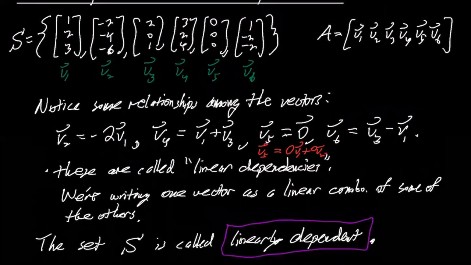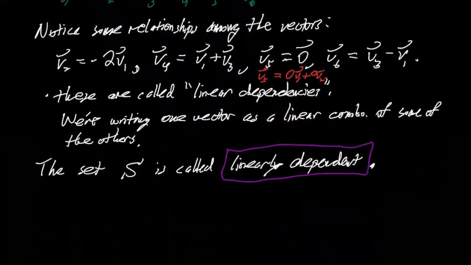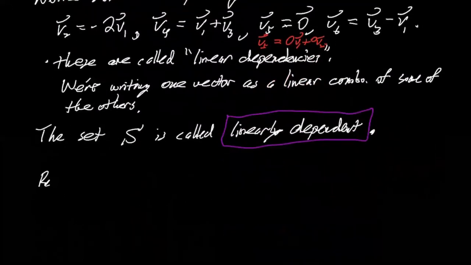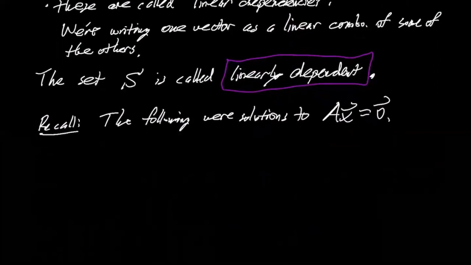If we look back at A and the solutions that we had, especially the homogeneous solutions, let's just recall the following were homogeneous solutions, solutions to AX equals 0 for this particular A. One of the solutions, we called it H2, I think, was the vector 2, 1, 0, 0, 0, 0.